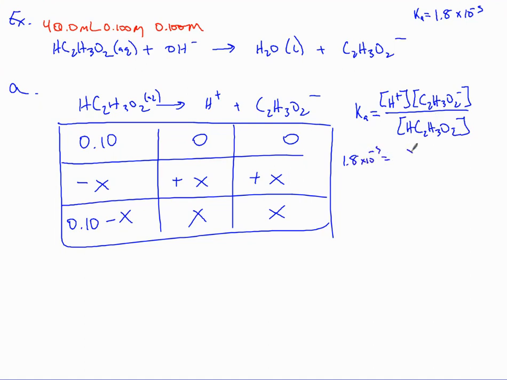Start plugging in numbers. We've got X squared on top. On bottom, 0.10 minus X. Get rid of the minus X.